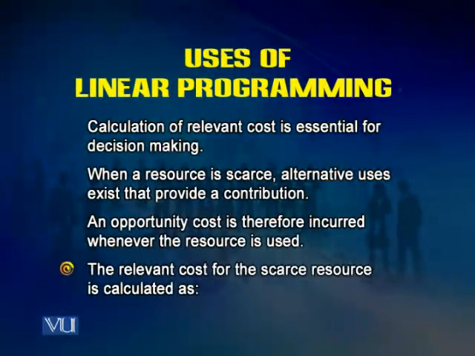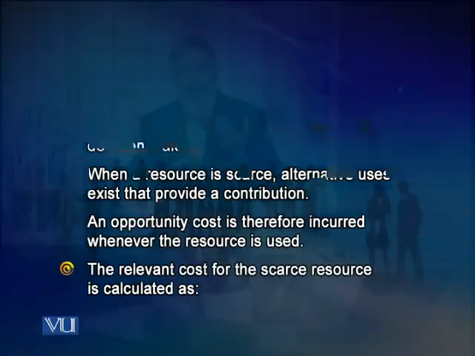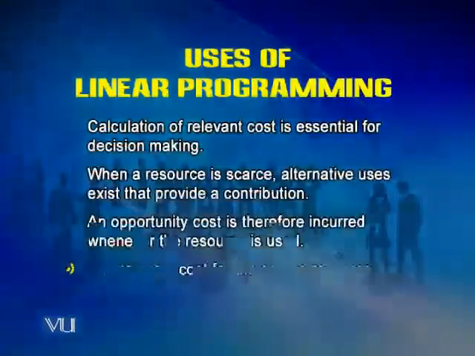An opportunity cost, therefore, is incurred whenever a scarce resource is used. Every time a scarce resource is used, we are using it for one product, we are not going to be able to produce the other with that resource. So there is an opportunity cost tied to all scarce resources.